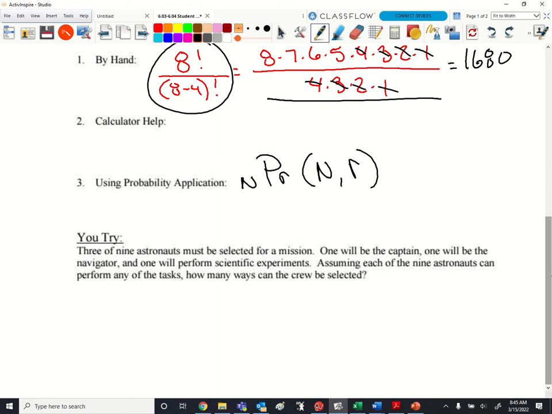Now, does order matter? No? So if I select you as captain, is that going to be different than selecting you as navigator? They could all do it. But then, does order matter?